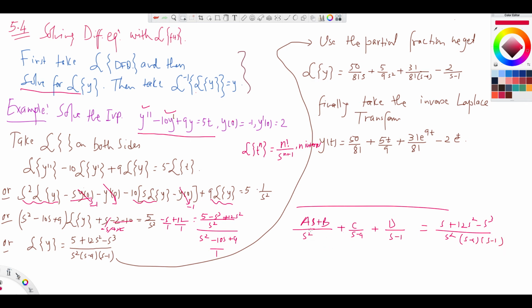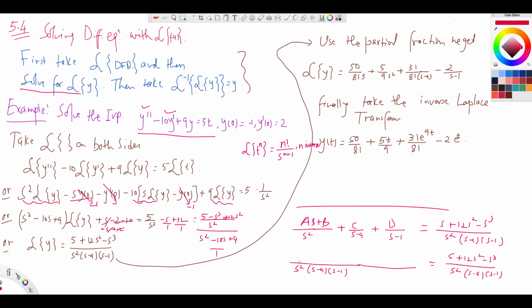Now next, you want to combine these three fractions. So write the product of those three: s squared times s minus 9 times s minus 1. On the right hand side you have the same thing, 5 plus 12 s squared minus s cubed over s squared, s minus 9, s minus 1, right?